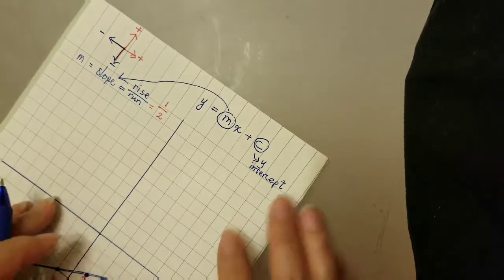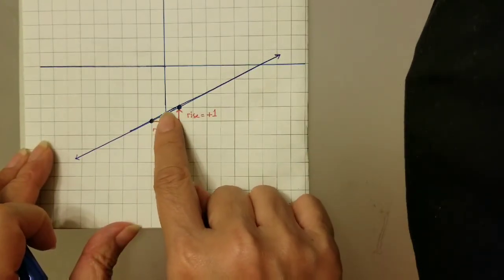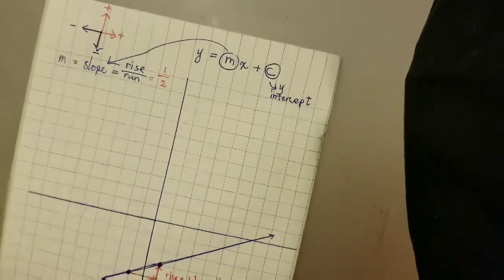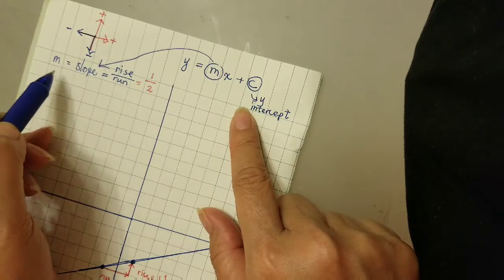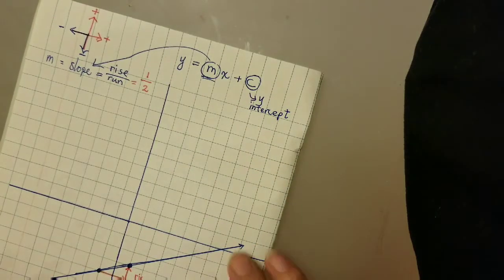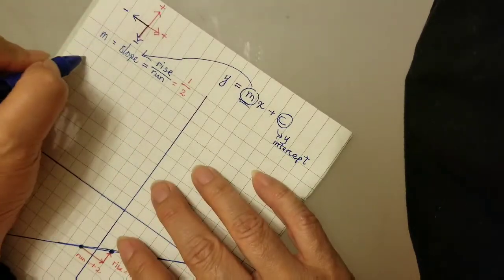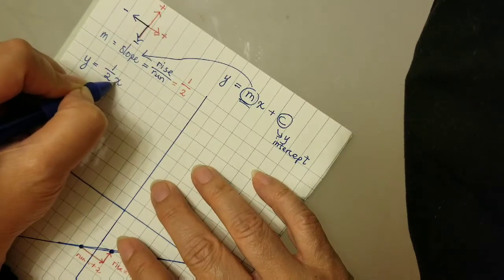Okay, and intercept means that's where the line intercepts or crosses y, okay? Since we already solved for the slope, we already have one part of the equation. So let's put it in. Okay, so y is equal to 1/2 x.